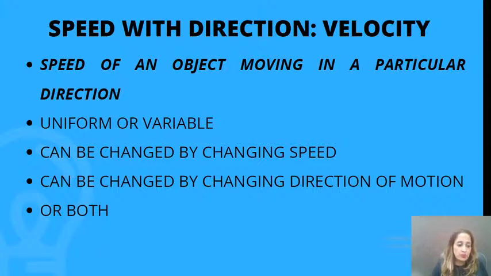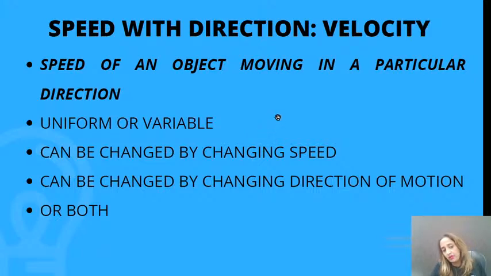The speed of a moving object in a particular direction is called velocity. Guys, remember it. It is also distance covered in a given time, but this distance is actually displacement in a given direction.